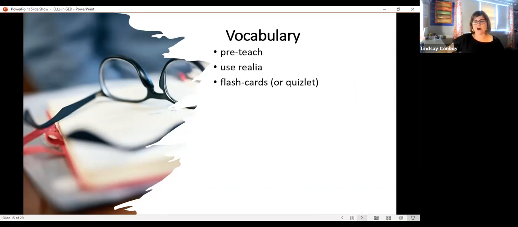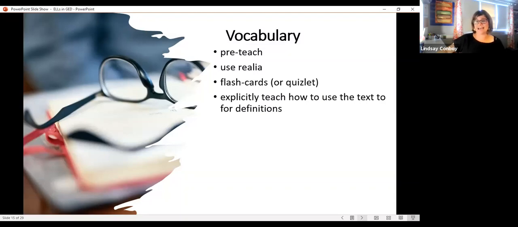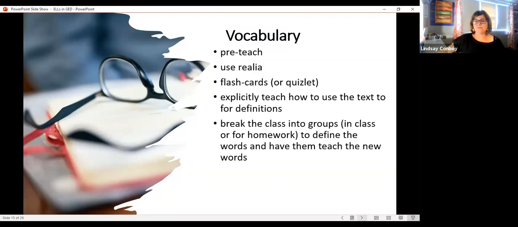Okay, flashcards or Quizlet. Explicitly teach how to use the text to define the words. Break the class into groups in class or for homework to define the words and have them teach the new words.